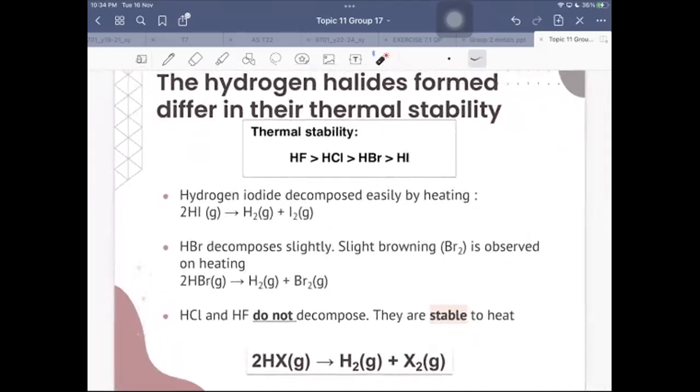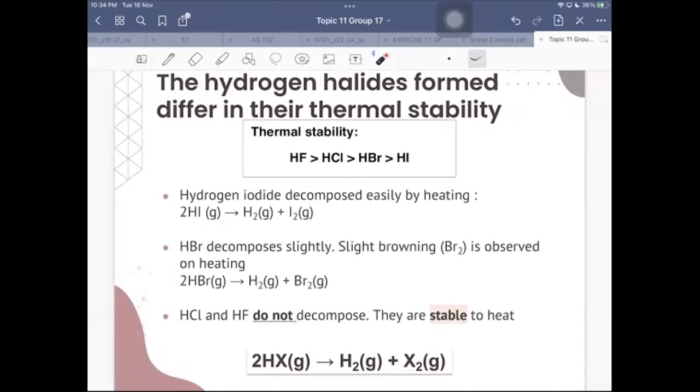Okay, so basically, the most stable hydrogen halide is your hydrogen fluoride. Okay, so they do not break down, they do not decompose, and also HCl. Okay, they are stable to heat, whereas your hydrogen bromide will decompose slightly.